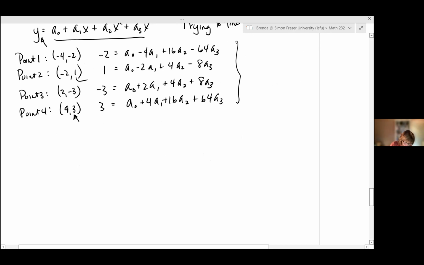Just practice. Okay, so I am not going to go through this one myself in gory detail. I'm going to write here what the augmented matrix is. Okay, so I'm entering these equations into the augmented matrix.